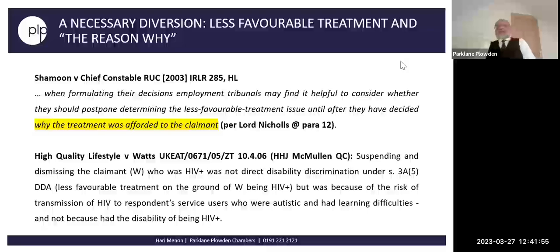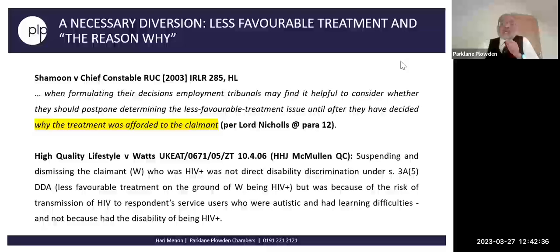So in this case, the claimant was suspended and subsequently dismissed after it was found out that he was HIV positive. Now, the employer provided services by way of care for autistic persons and for those with learning disabilities. And what Mr. Watts claimed was that he was being directly discriminated against, disability discrimination, because he was HIV positive.